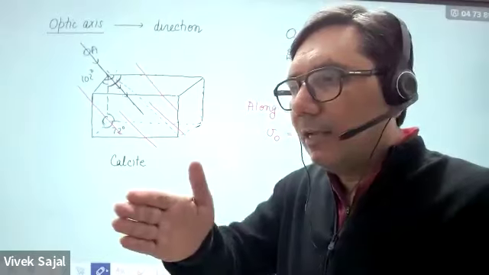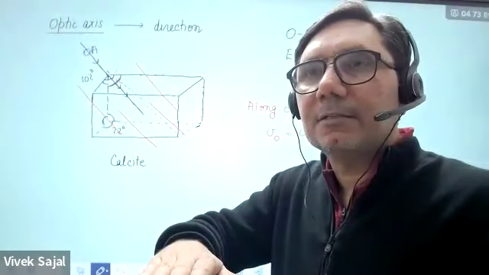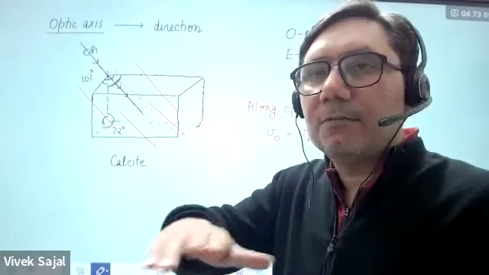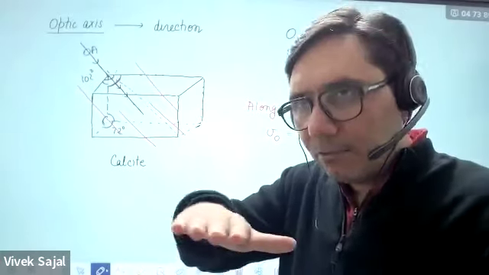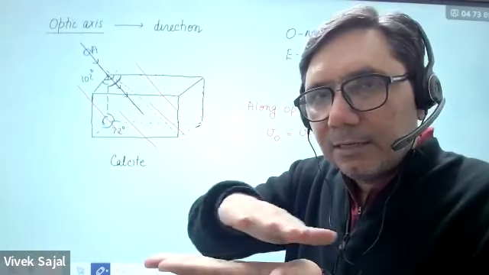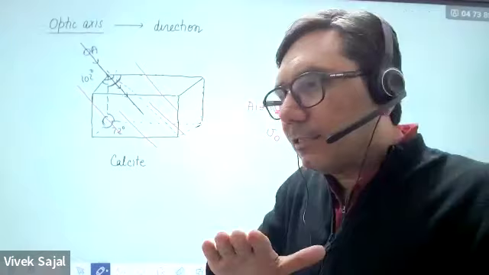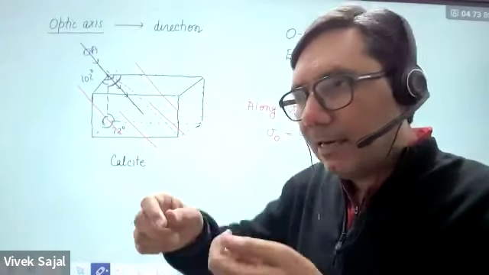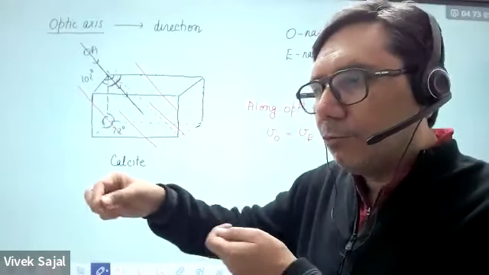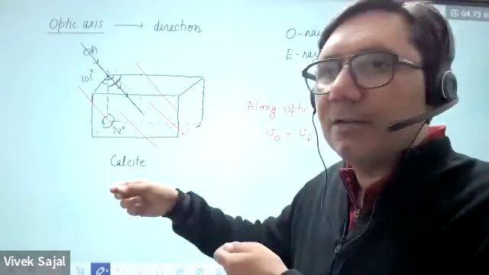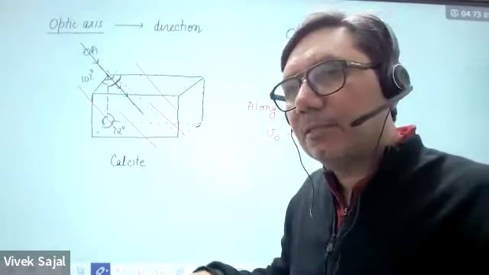That is the first condition, and then you rotate it until the incident light is in it. Then you will find a plane passing through the incident light and the optic axis, and the two other rays are in that plane also. That is known as the principal section.